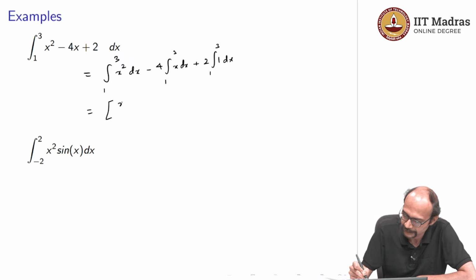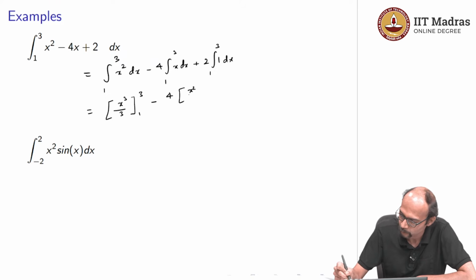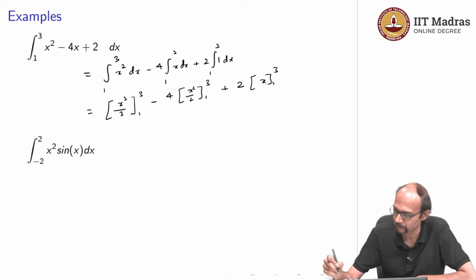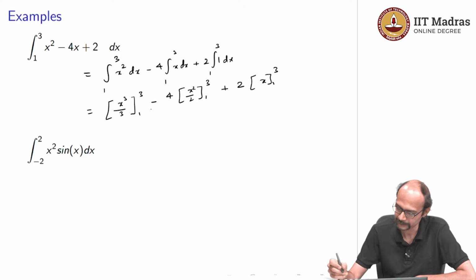So, for the first one, the antiderivative is x cube by 3. So, the integral of x square is x cube by 3, and we want to evaluate it from 1 to 3. Then we have x squared by 2, again limits from 1 to 3, and then x from 1 to 3 multiplied by the 2 outside.